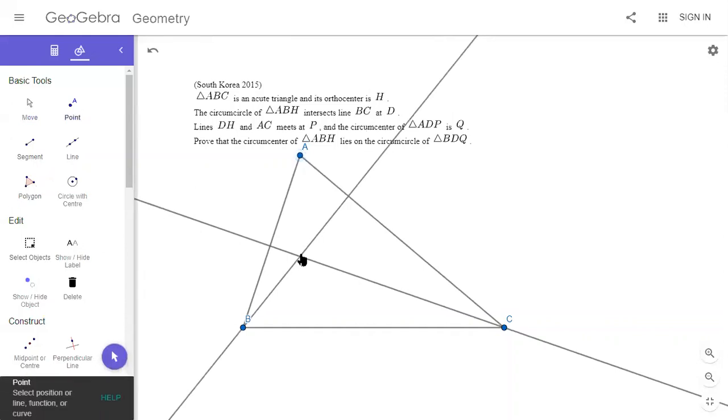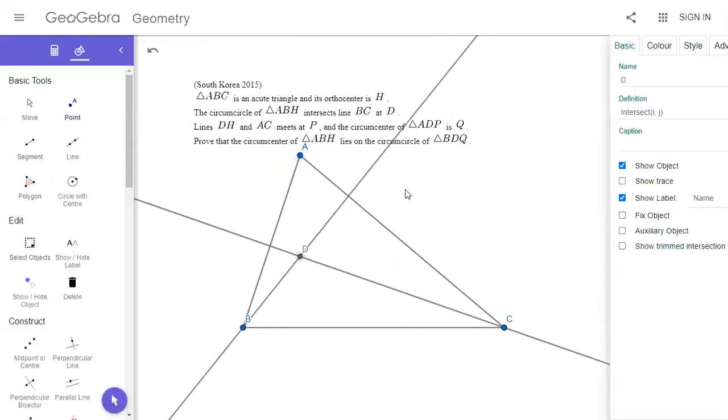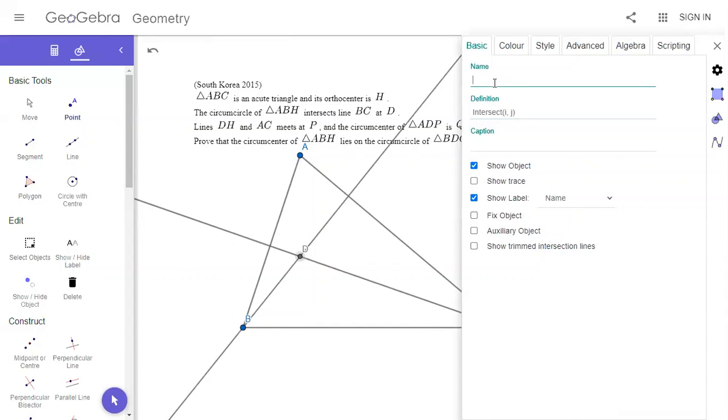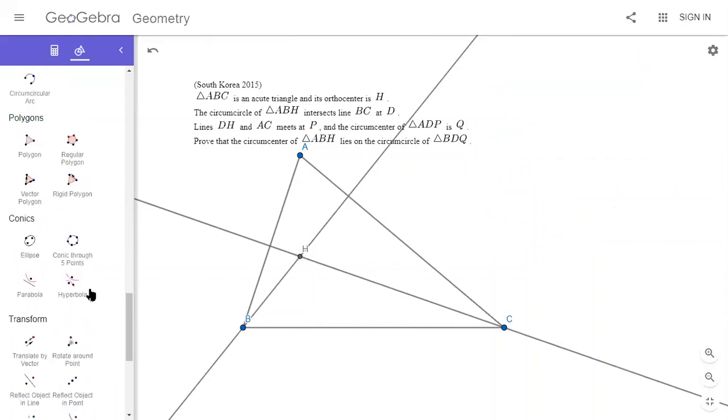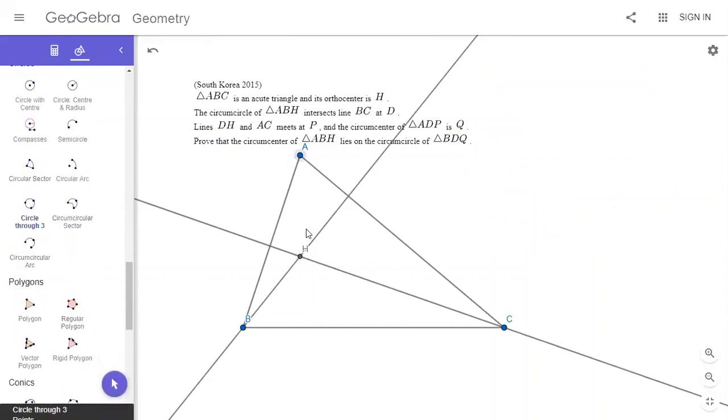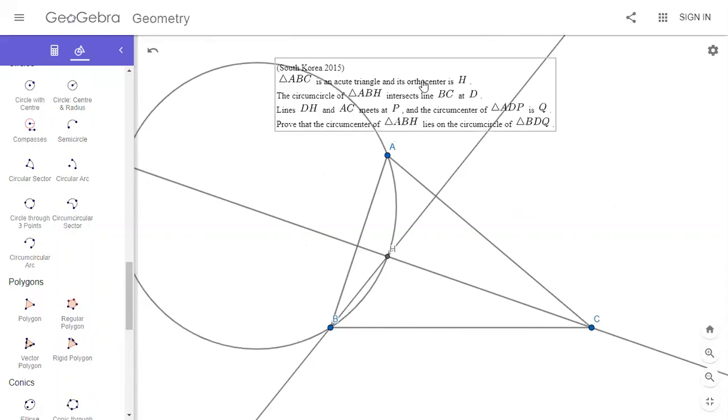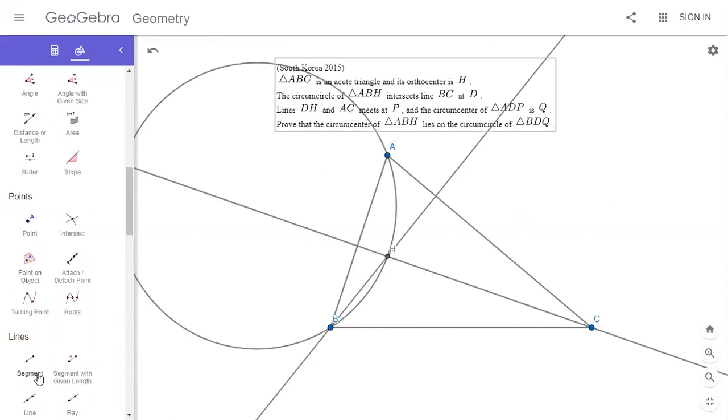And then we draw the circumcircle of ABH, and it intersects line BC at a point D. So I'm going to need to extend that.